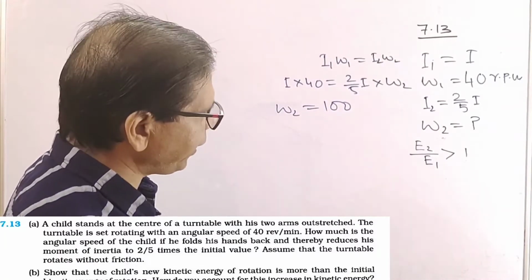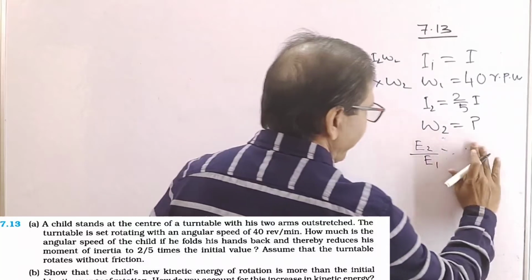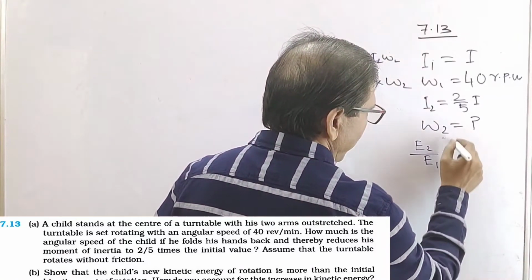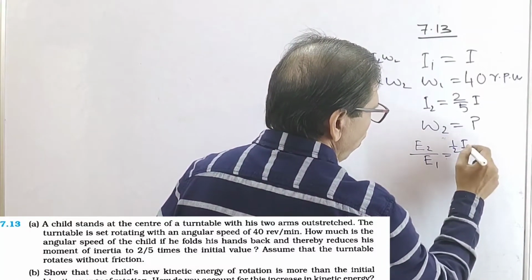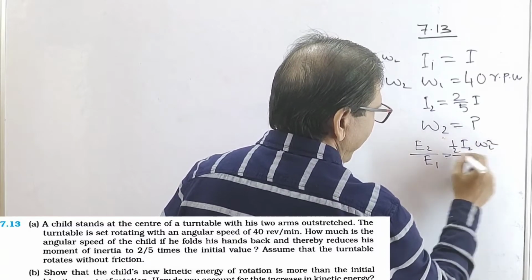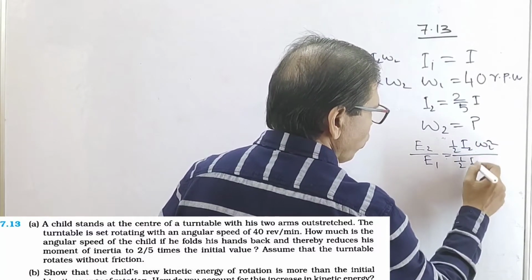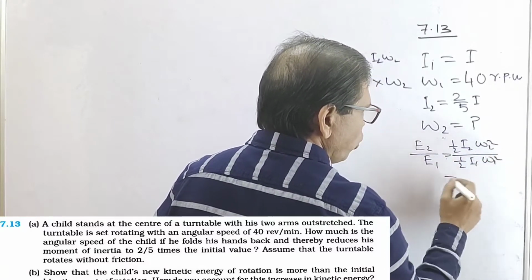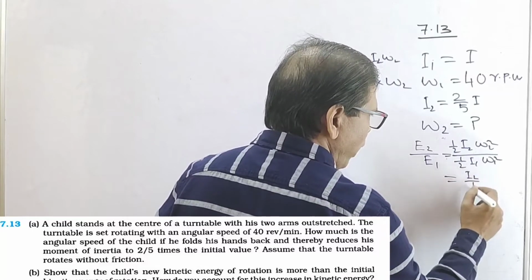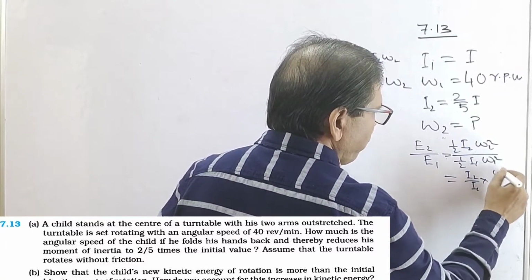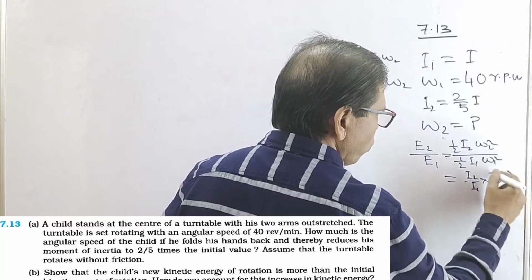Okay. Now kinetic energy. The final kinetic energy is half I2 omega 2 square and the initial is half I1 omega 1 square. So the ratio is I2 by I1 into omega 2 by omega 1 whole square.